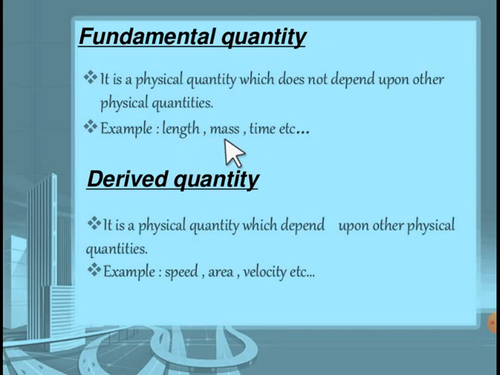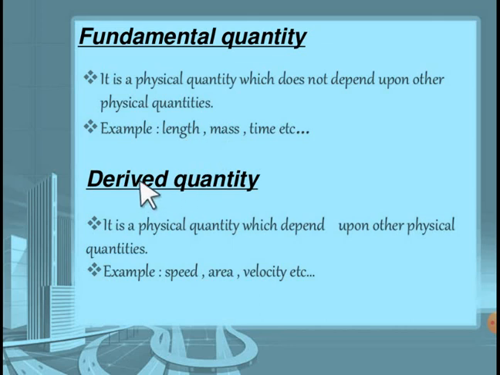Length and mass cannot be related. While we try to measure length, mass cannot interfere with the measurement of length. Likewise time also. So they are all independent of one another. Such physical quantities which are very basic and independent of one another, we call fundamental quantities.